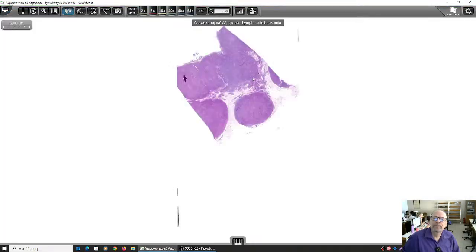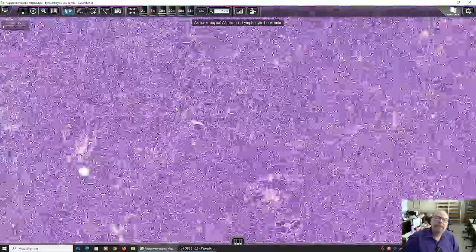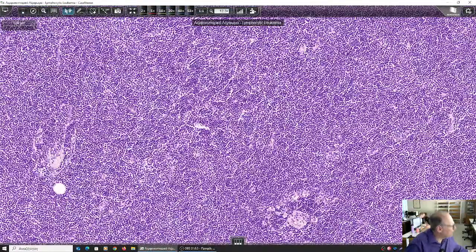Now this one. This lymphoma does not have a nodular pattern, so we cannot tell. If it is a non-Hodgkin lymphoma, we cannot tell if it is of B-cell origin or T-cell origin.